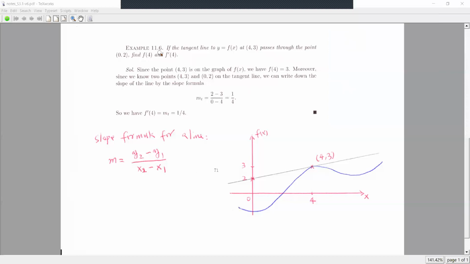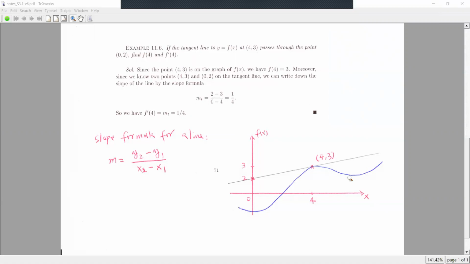The second example. If the tangent line to the graph of the function f at the point 4, 3 passes through the point 0, 2, find the function value f(4) and the derivative of the function f'(4). Here is a diagram about this example.